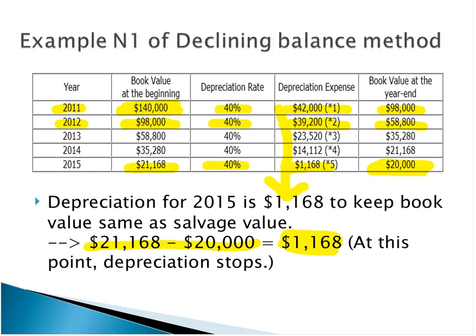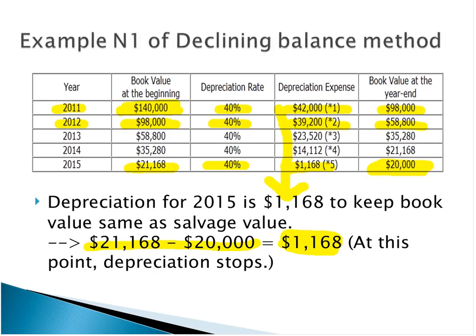So okay, if we make a calculation based on the formula for the 5th year, the last year of the equipment, you can find that the depreciation cost would be different, right? Because we are going to sell this equipment for 20,000, which is very important.